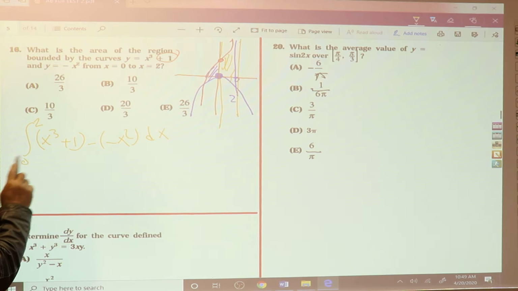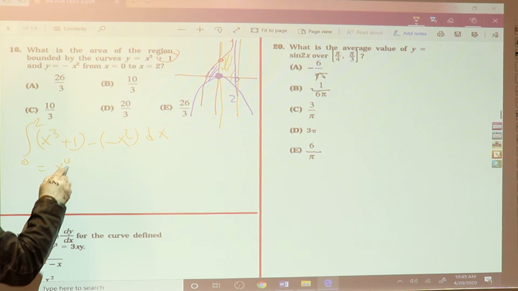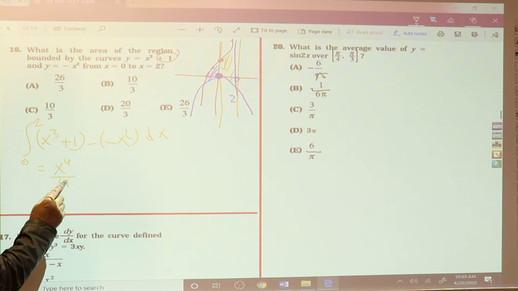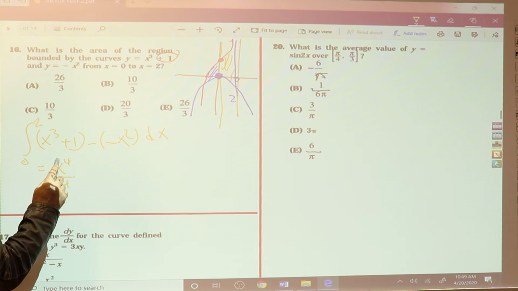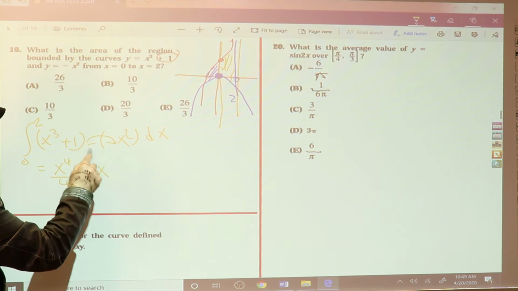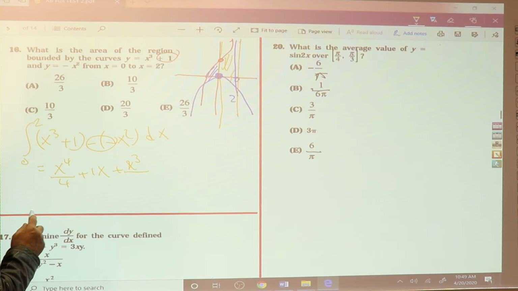Now you integrate: x to the 4 over 4 plus x, and negative and negative, positive, x cubed over 3.